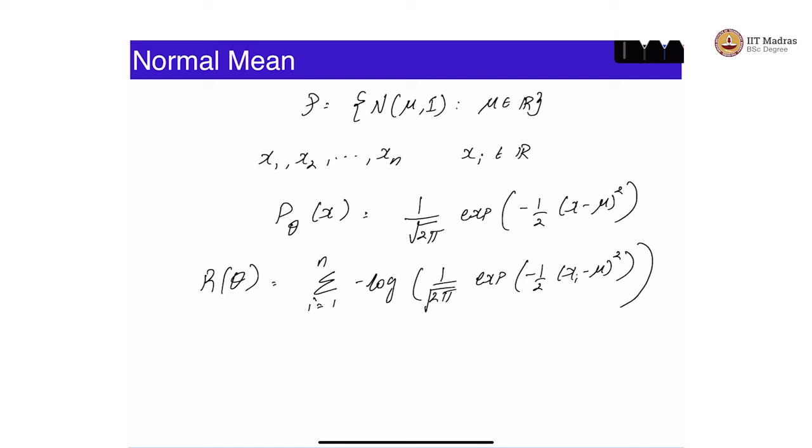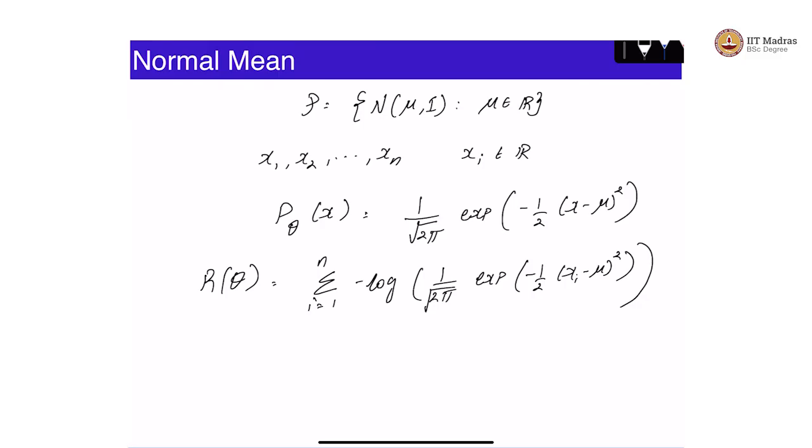You can once again use the power of the log, and you have log of 1 by root 2 pi, which is a constant that does not depend on theta, which in this case is simply mu. We'll just ignore that and take only terms which contain the parameter theta or mu.